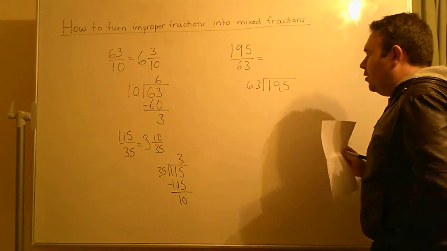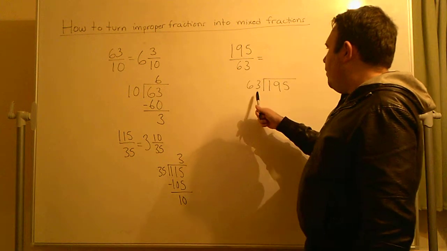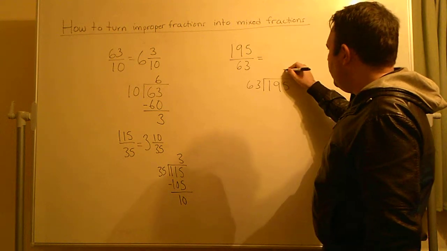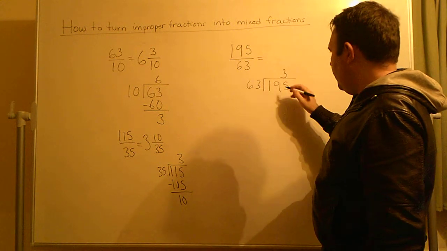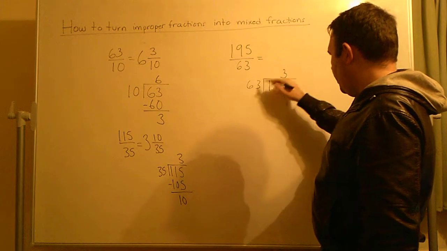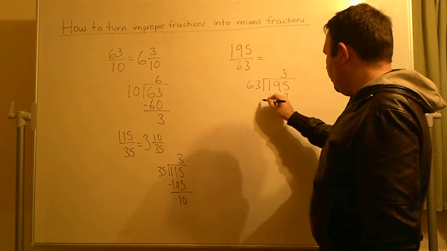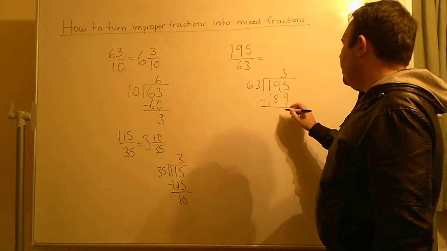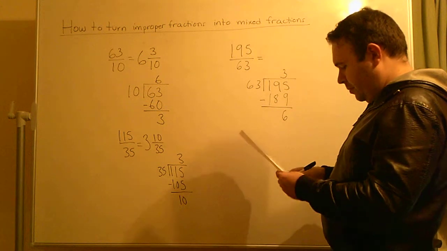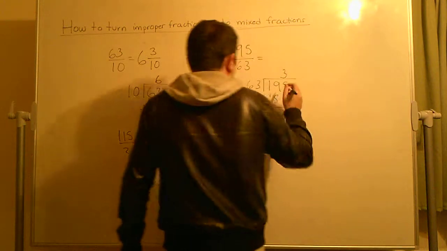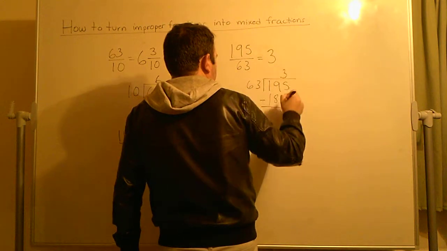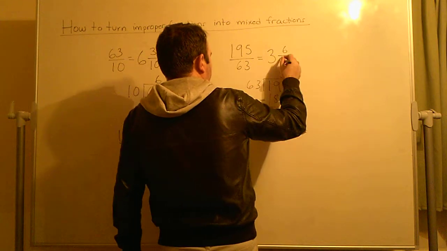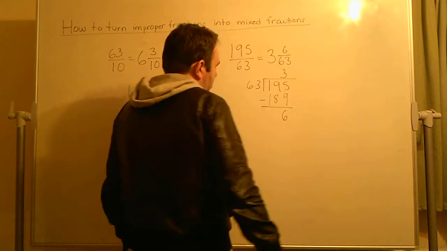I would say, well, 3. Yeah, it will be 3. Yeah, 3 times 3, 9, and 3 times 6, 18. And then we write down minus here. 195 minus 189 is 6. So we take 3 here, then the remainder, which is 6, and we take the denominator, which is 63.